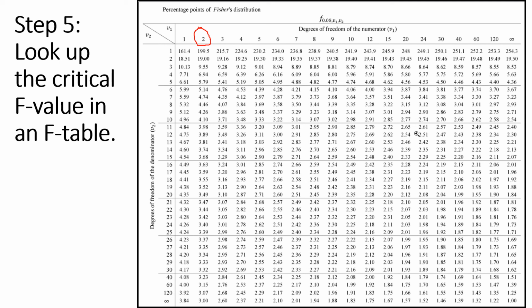Yeah, we divided the between sum of squares by 2. For that, we've got 2 degrees of freedom. And then, for the denominator, for the WSS, we had 21 degrees of freedom, because for that, you take the total number of observations minus the total number of groups. And so we're there, right?